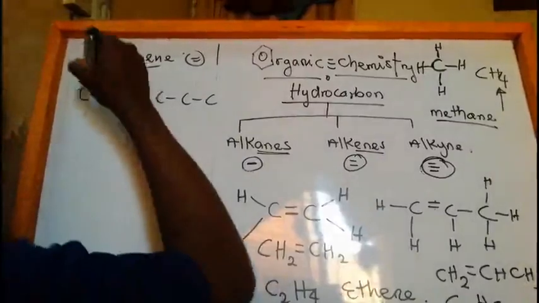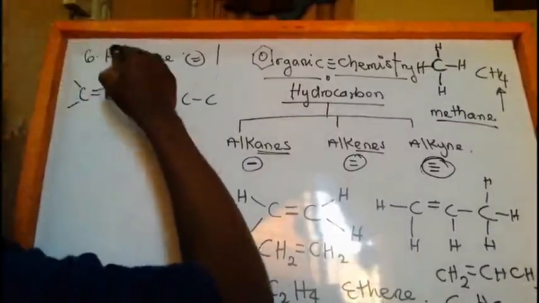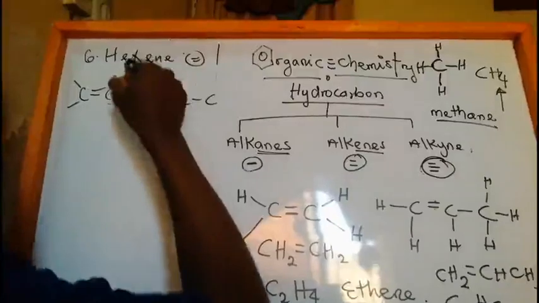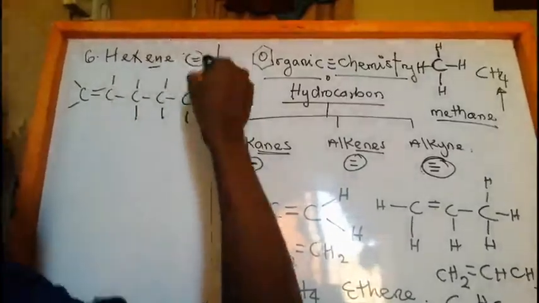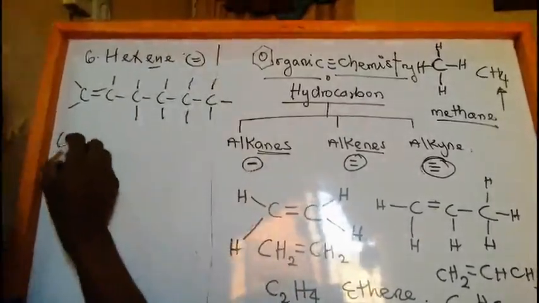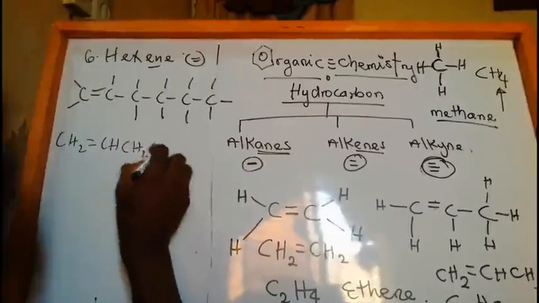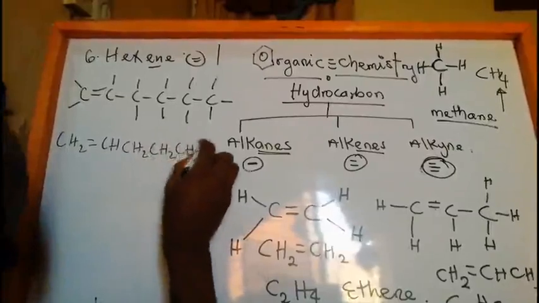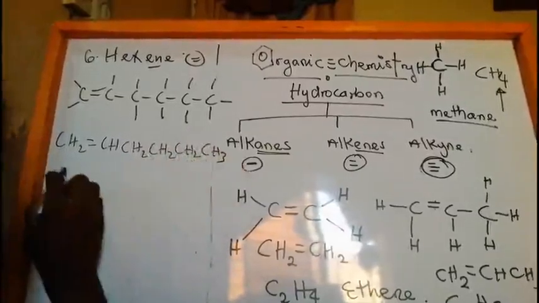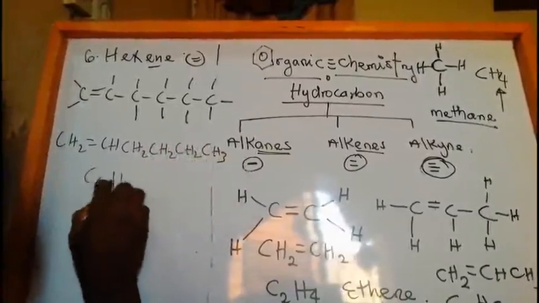So this can be CH2, double bond CH, CH2, CH2, CH2, and CH3. So this is going to be C6H12.